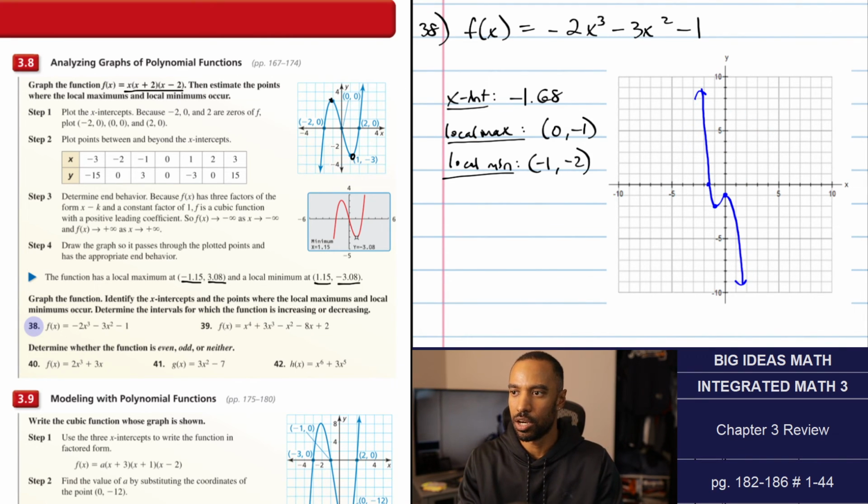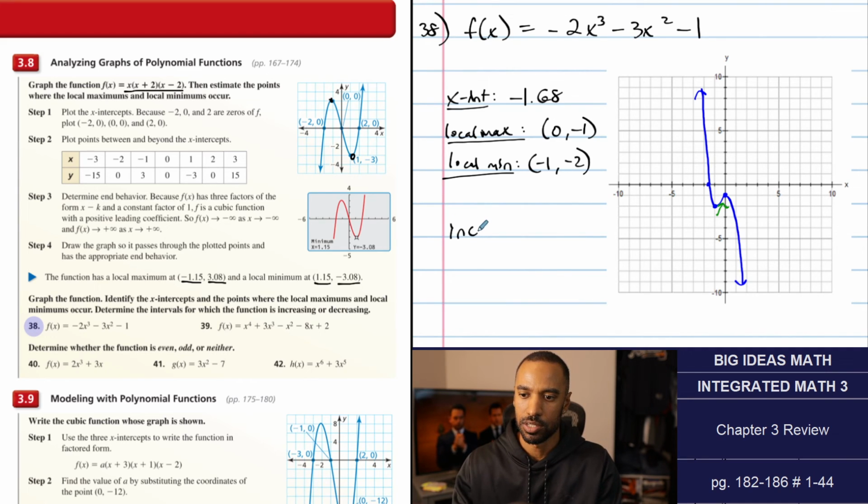Regarding what you're seeing here, we can also note instances of increase and decrease, the intervals for which it does both. It increases from this x value to this x value, the local min to local max. So it has an increase from x equals negative 1 to x equals 0. It increases from negative 1 to 0 on x, and it decreases everywhere else.